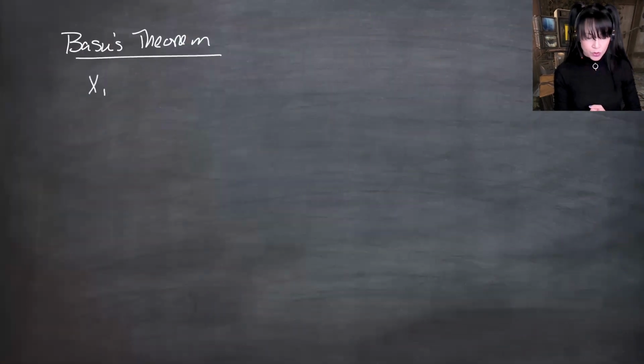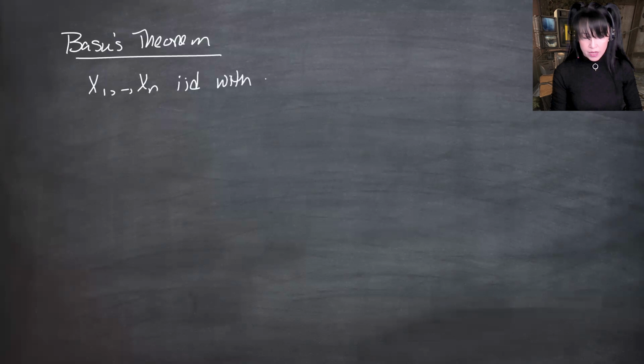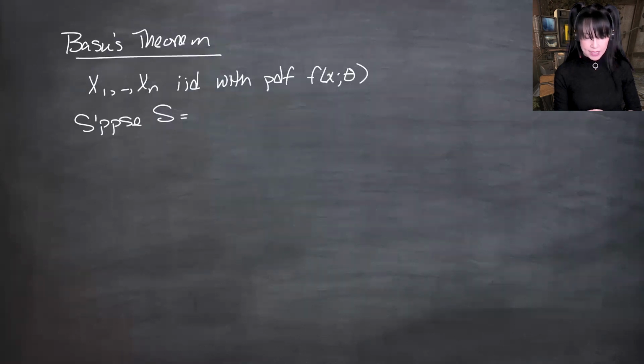Suppose that we have x1 through xn IID. Actually, they don't need to be IID, but with a common or not common PDF, f of x and theta. Suppose that S, some statistic made out of the data here, is complete and sufficient.